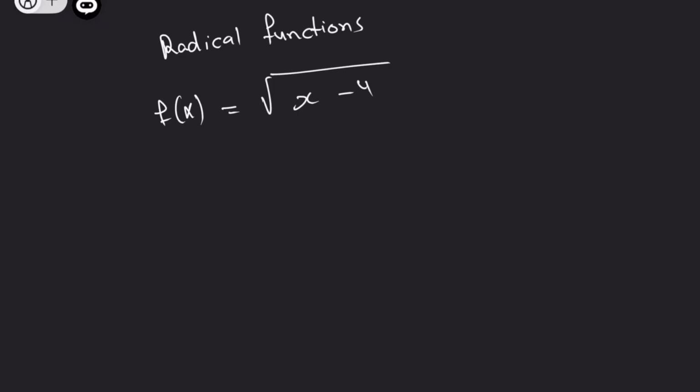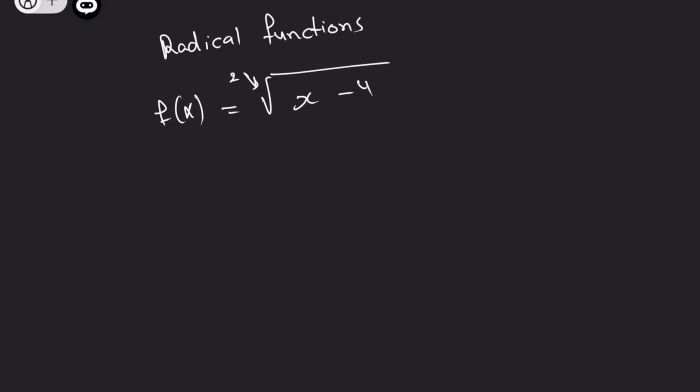These kinds of functions have two cases: when the index is an even number, like this one where the power is 2, or when it is an odd number. The odd number is a different case, but the domain for it is always all real numbers, from negative infinity till positive infinity. But here we are going to study the case with even numbers.